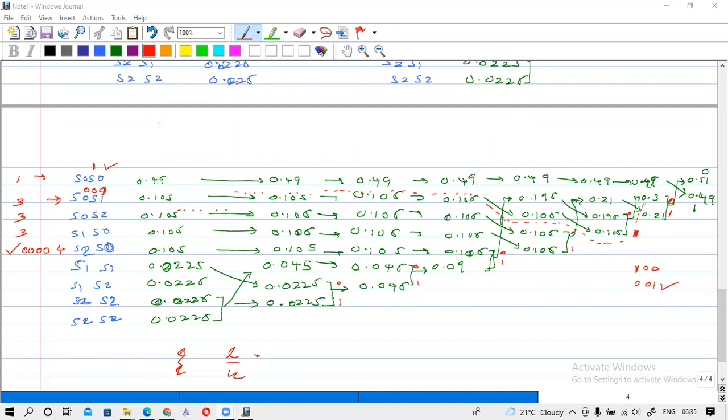In this case, here you can see it will be 0, 0, and 0 and 0 and 1. I will write it: 0, 0 and 1.